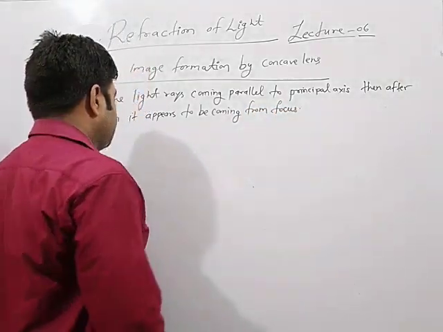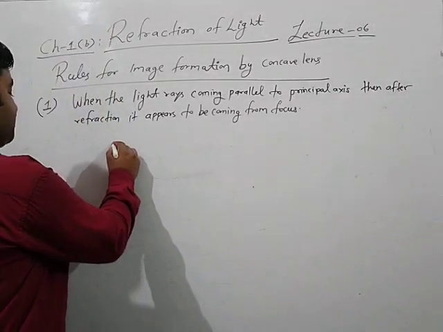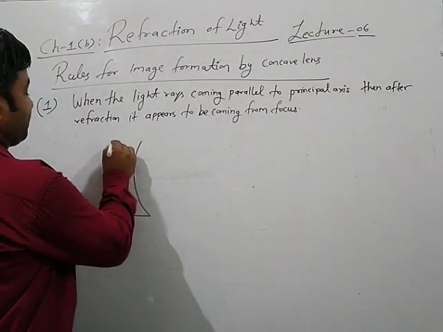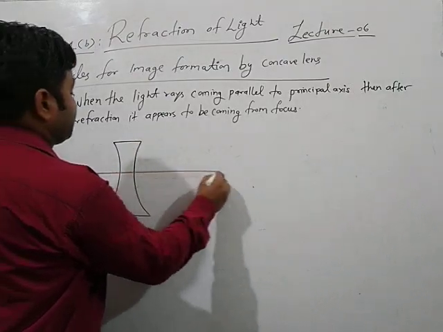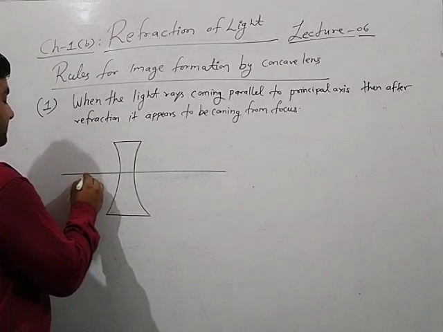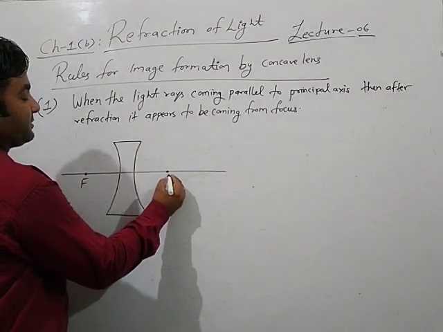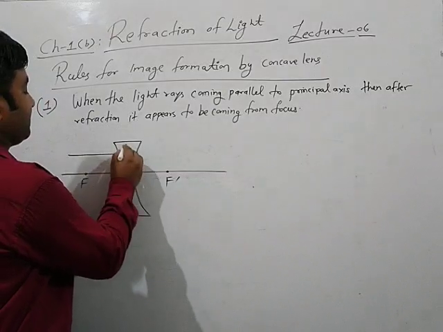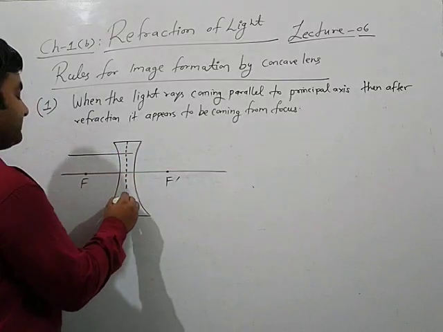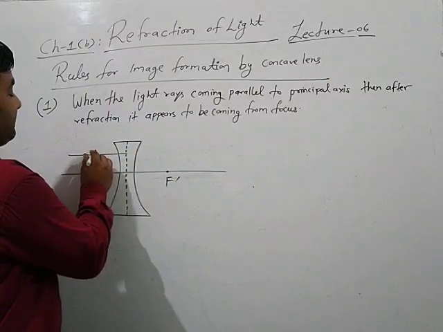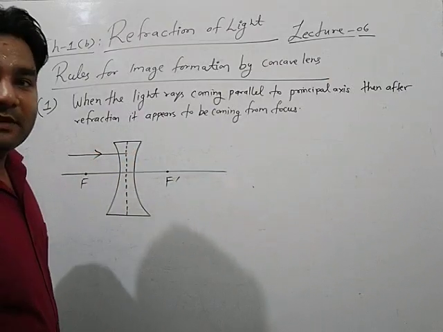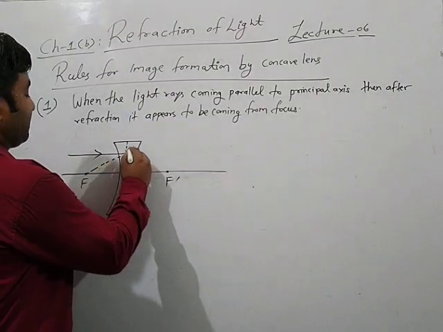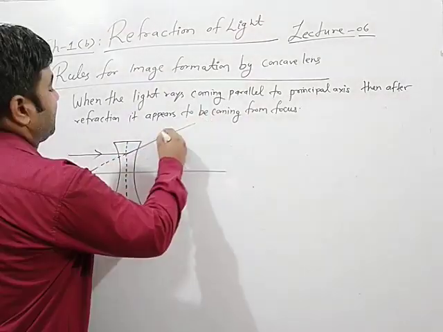Just see the diagram concept here. Very simple diagram concept. This is concave lens, and here this is principal axis. This one is first focus, and this one is second focus. The light ray coming parallel to principal axis, after refraction appears to be coming from focus and goes away.